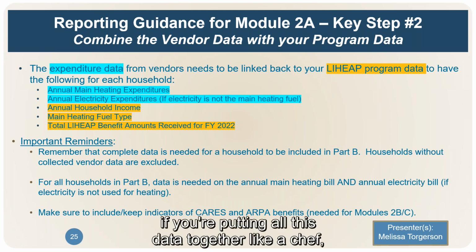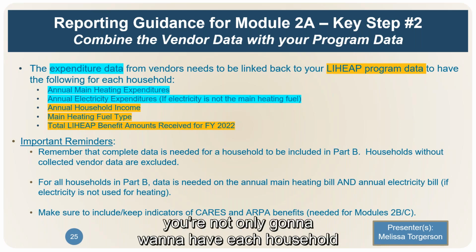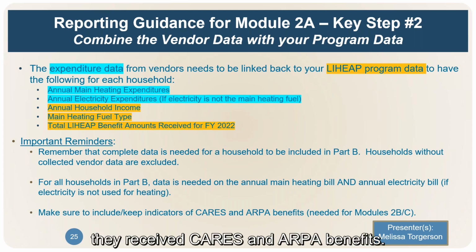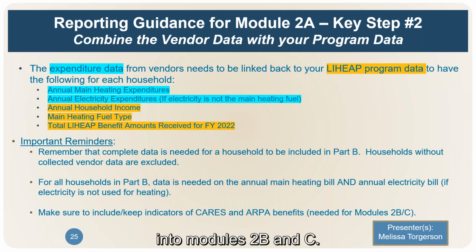So for example, if you're putting all this data together like a chef, a sous chef to get started, you're not only going to want to have for each household these 5 bullets, but you're also going to want to have a flag on whether they received CARES and ARPA benefits, because if they do, you're going to pull them forward also into modules 2B and C.